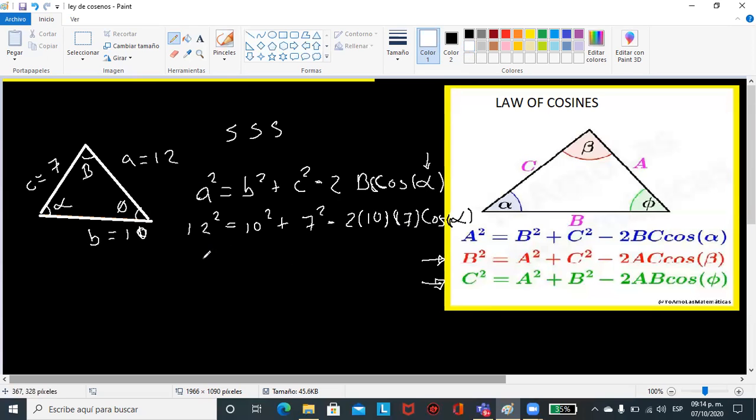So now we know everything, but we have to solve for the cosine. For this formula, we have the original one, and we can write cosine of alpha is equal to A squared minus B squared minus C squared, and this -2BC is multiplying the cosine, so it passes to the other side, dividing.